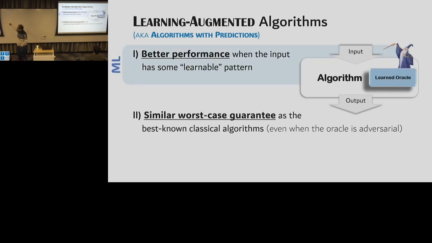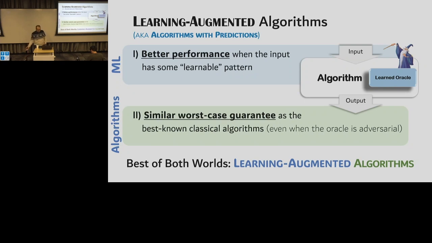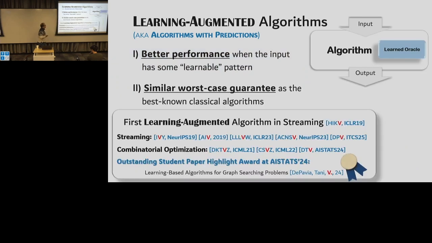Basically, as I mentioned, the first part is a place where machine learning is very good, and the second part is the place that classical algorithms usually care about and are very good at. In learning augmented algorithms, we want to have the best of both worlds: adaptability to the pattern and, at the same time, worst case guarantees.